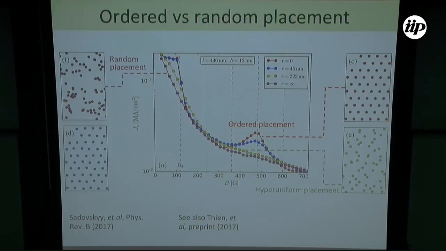It's different if you place these columnar defects in an ordered or random way. So at the first matching field, when we have the number of vortices equal to the number of inclusions, the disorder in placement will significantly reduce the critical current. So it's much better to have the ordered placement at the first matching field.